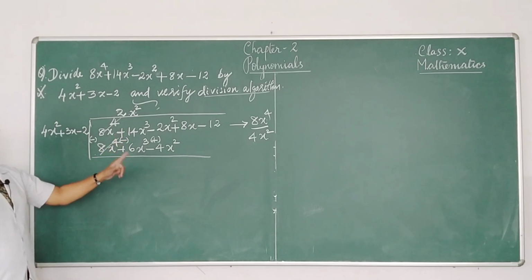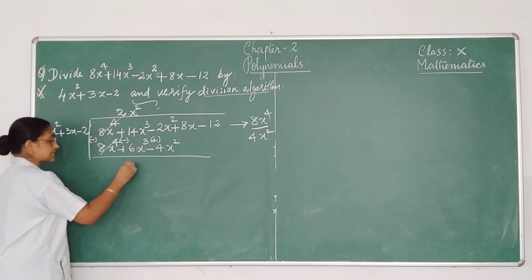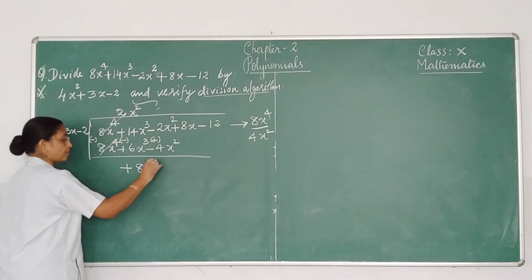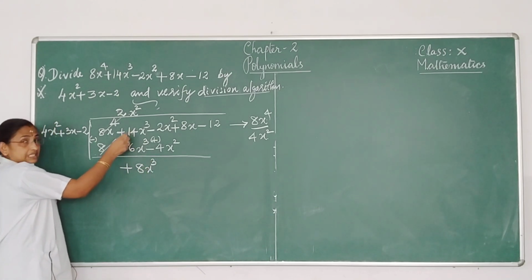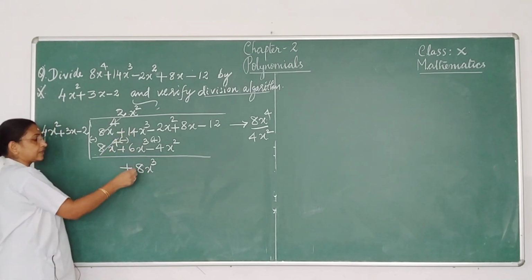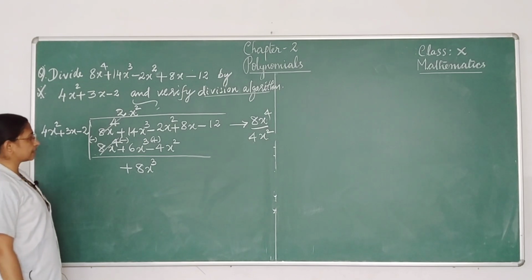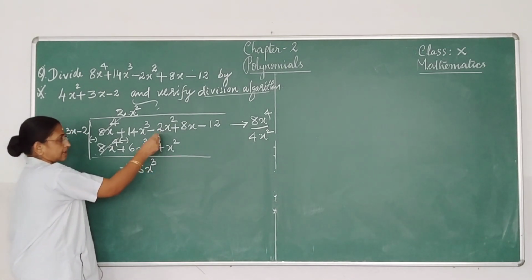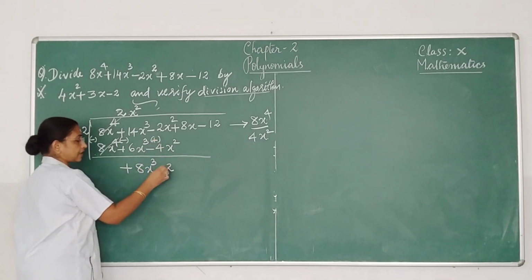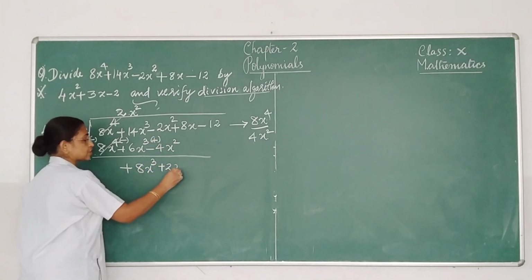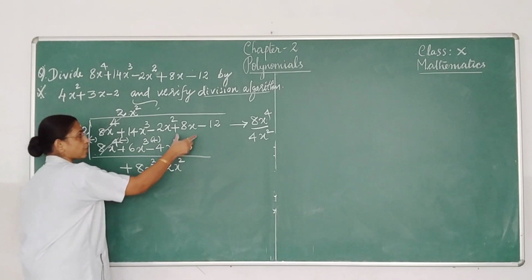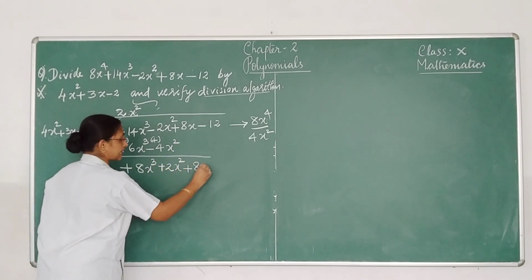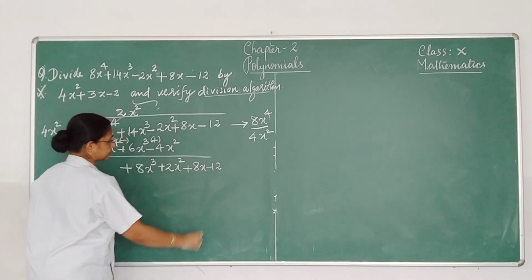Plus 14 minus 6, that is plus 8x cube. Why? Plus 14 minus 6, subtract and put the sign of the larger. Minus 2 plus 4, again different sign. Subtract 2 and put the sign of the larger, that is plus. Plus 2x square. I am going to write the remaining terms plus 8x minus 12.